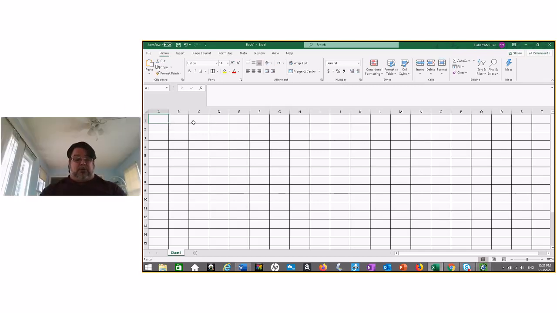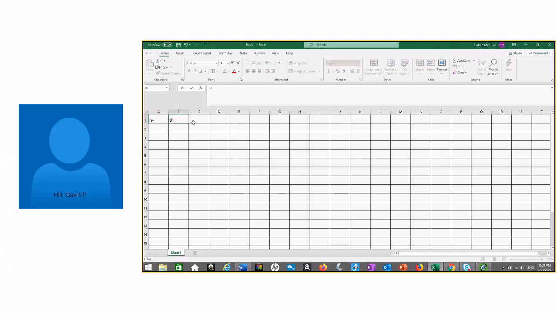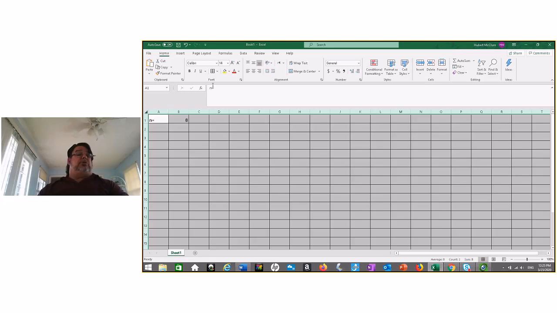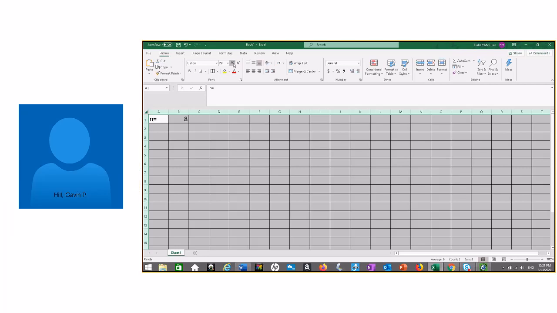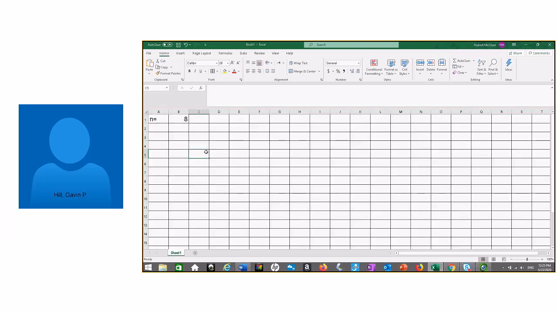So last time I think we did 7. This time we're going to do 8. So n is equal to 8. And I'm going to highlight this and make this bigger where you can see it. Tell me if you can see the numbers okay.